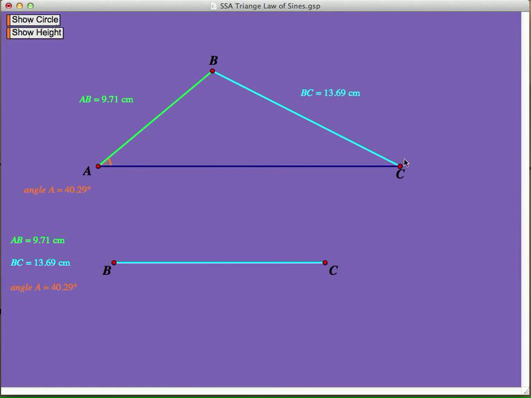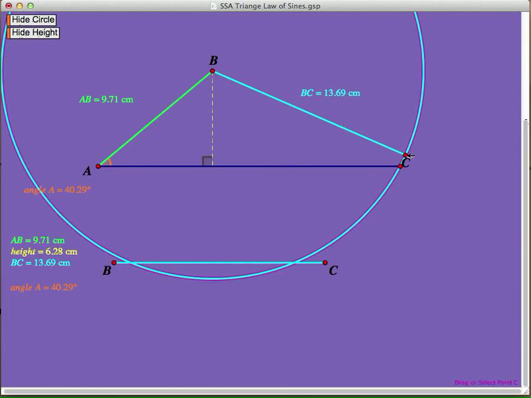Okay. So let's talk a little bit about when we have a one case scenario. So if I show you my height here, the height of the triangle, and if I show you a circle that is going to be formed with this side length being the radius of my circle, we can see here that if I try to swing this length around, it only intersects this last side length at one spot, and that is right there.